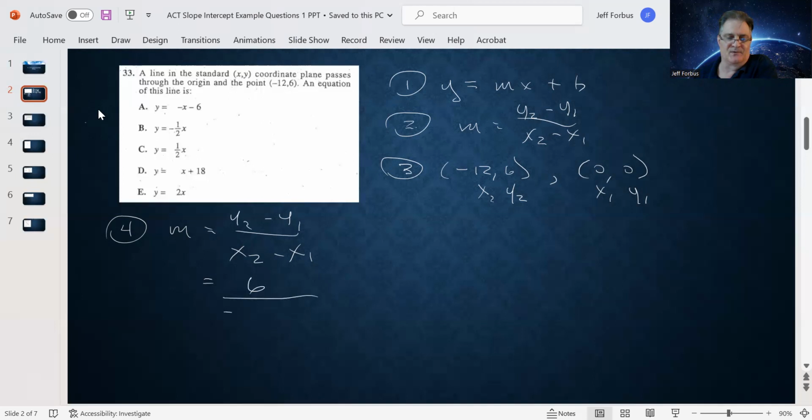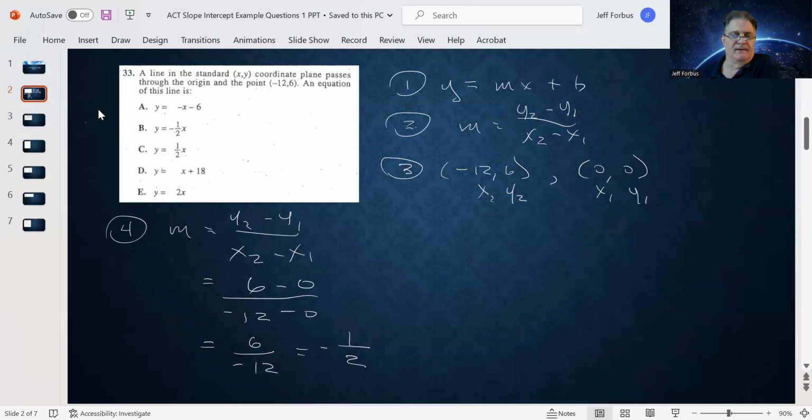X sub 2 is -12. And y sub 1 is 0, and then x sub 1 is 0. So that's going to give us 6 over -12, right? You can reduce that, it reduces by 6, to 1/2. Now we got a negative sign, so we got a negative slope. So we got a -1/2 slope.